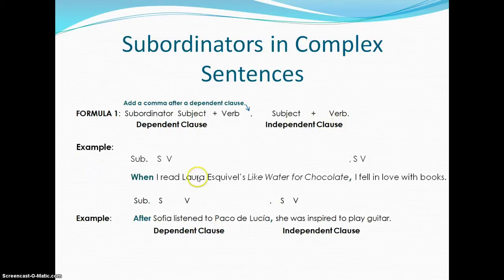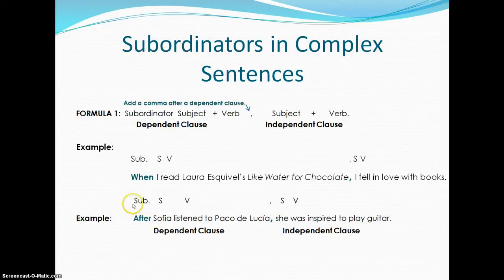When I read Like Water for Chocolate, comma, I fell in love with books. Here we see the subordinator, our subject and verb, a comma, a subject and verb. I'm going to read you another example. After Sofia listened to Paco de Lucia, comma, she was inspired to play guitar.